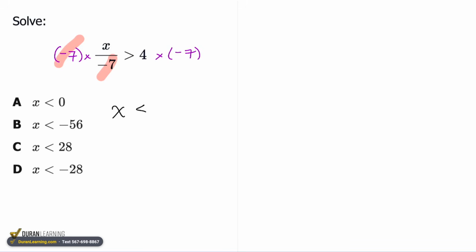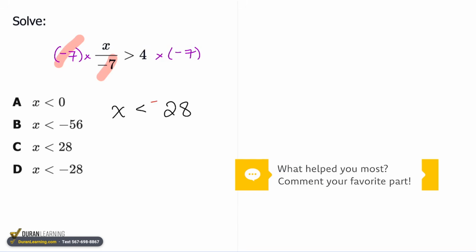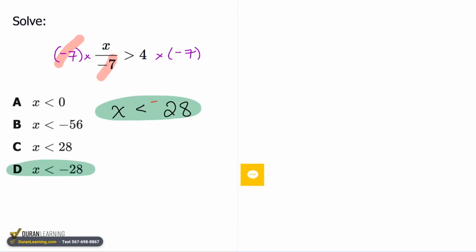So it's x is less than now. And then we have 4 multiplied by 7, which is 28. But be careful here because it's a positive multiplied by a negative. And a positive multiplied by a negative will be negative. So there we go. The correct answer here will be x is less than negative 28, which is answer choice D.